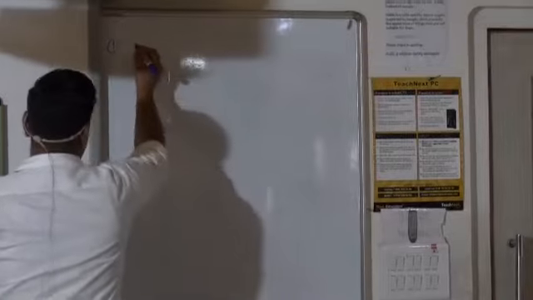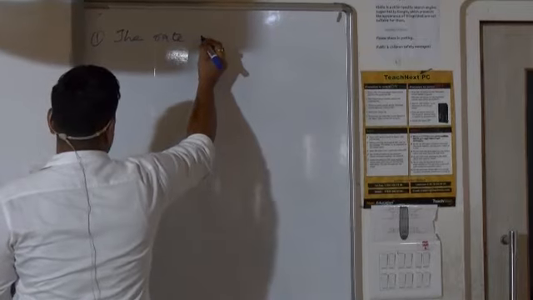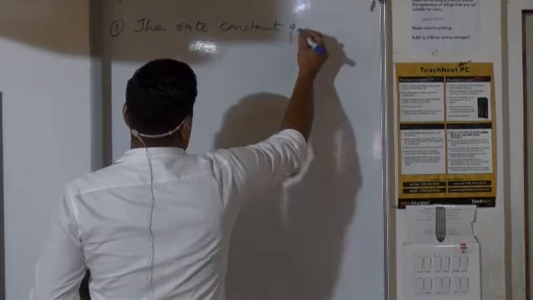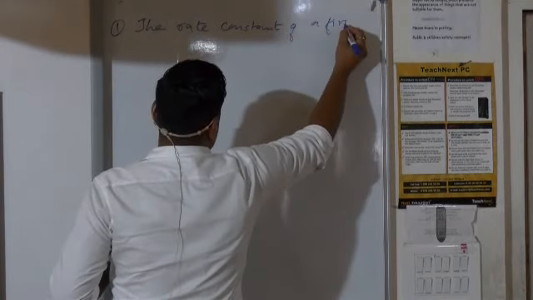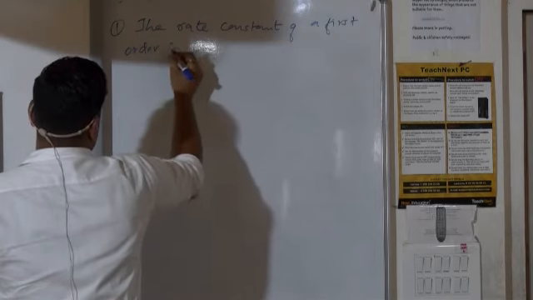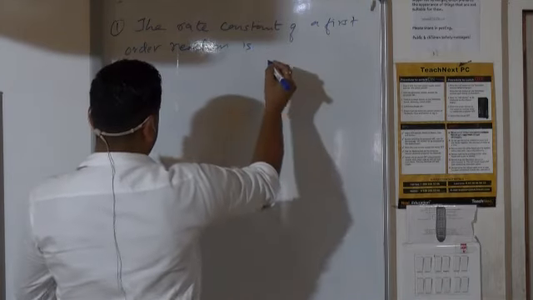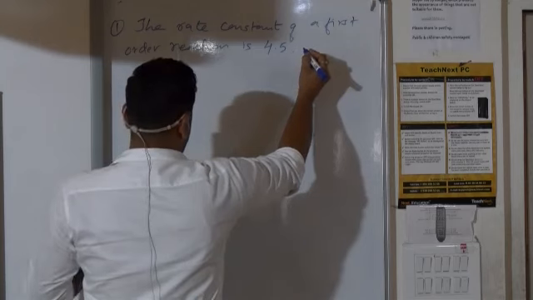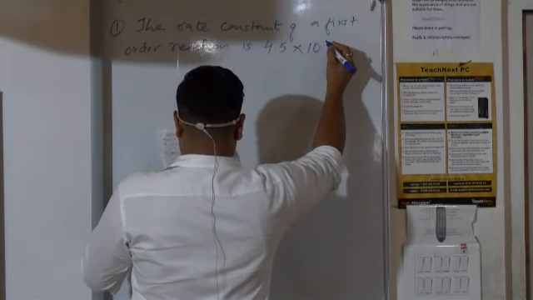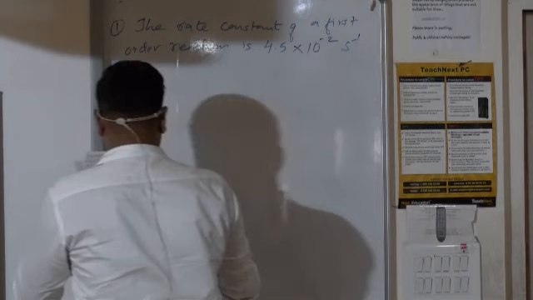The rate constant of a first order reaction is 4.5 into 10 to the power minus 2 per second.